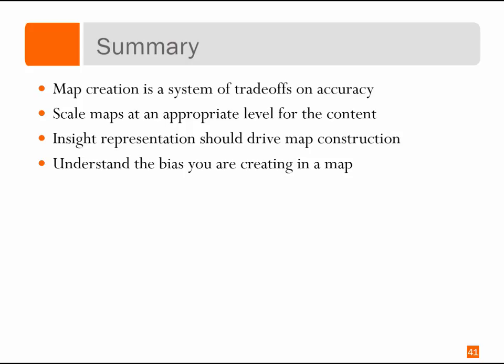And then finally, do some self-reflection and understand the bias that you're creating in a map. When you begin to create a map, think about, well, what am I biasing based on the particular design that I've created for the map. In every map, we're going to have bias, and the most successful map makers and data visualization folks decide to encode something on a map and then very thoughtfully figure out, well, what have I biased here?